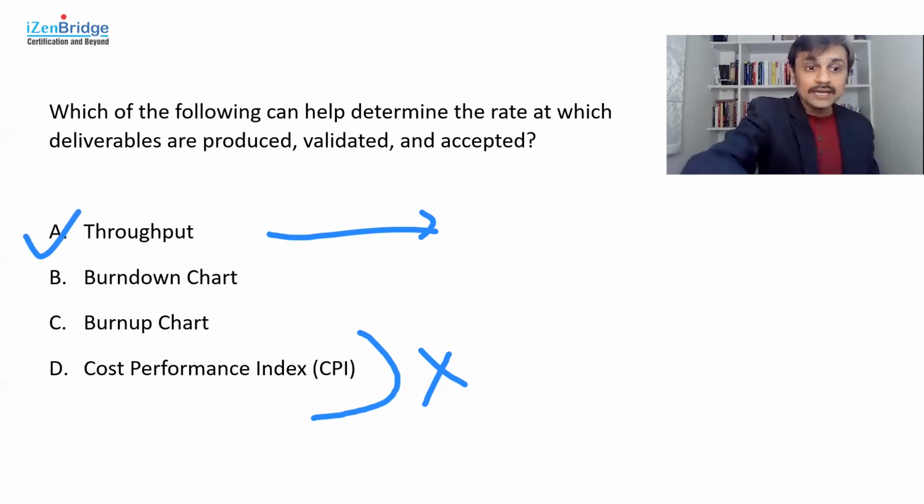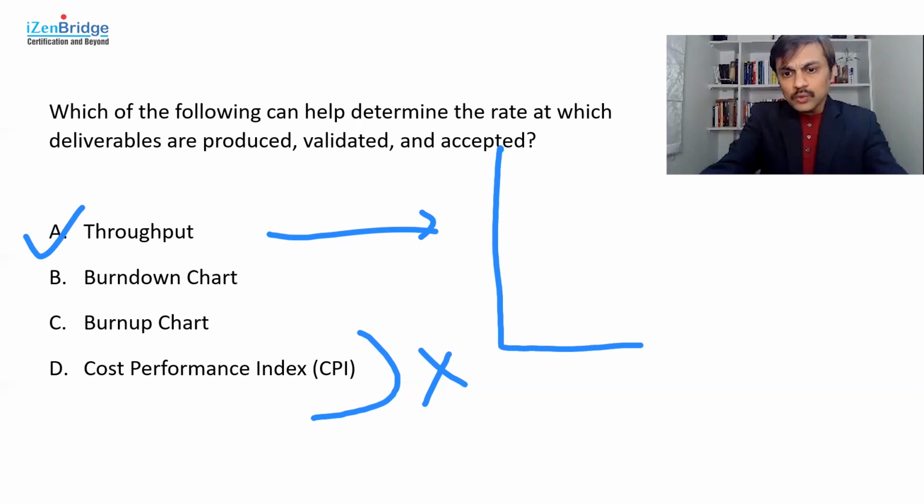But having said that, let's explore the burn down chart and burn up chart as well, because they may also help us in determining the rate at which the deliverables are getting produced. So burn down chart as well as burn up chart usually help us in seeing how the work is getting burned down or what is our burn rate.